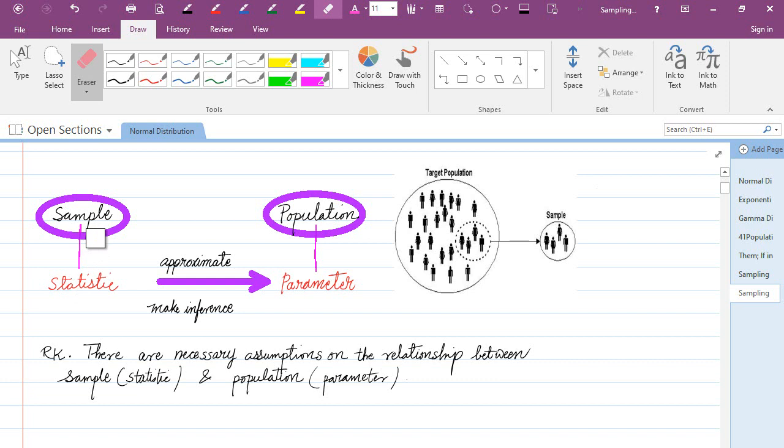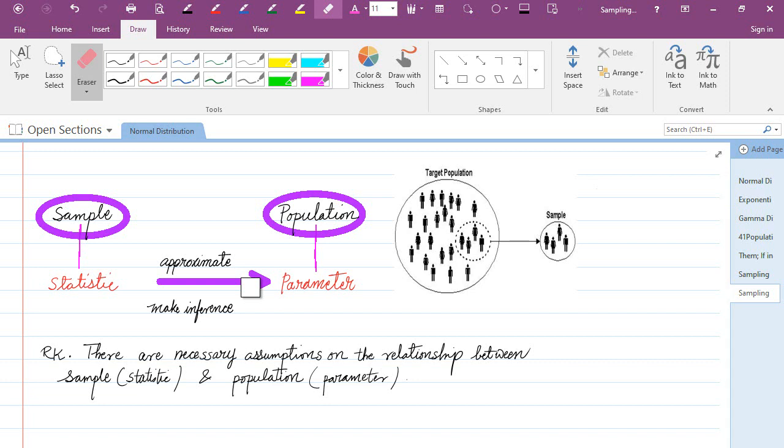So a statistic is used to make inference about the population parameter, or it is used to approximate the population parameter.